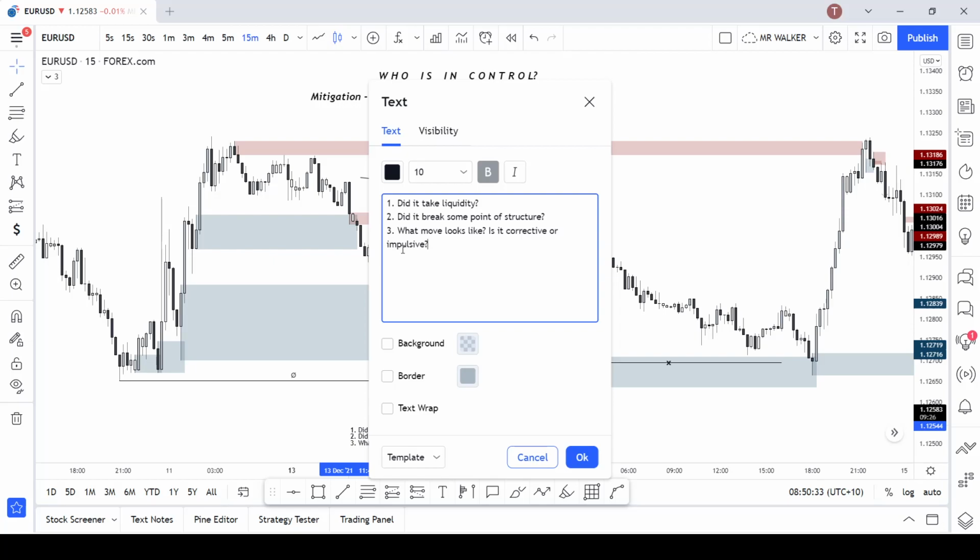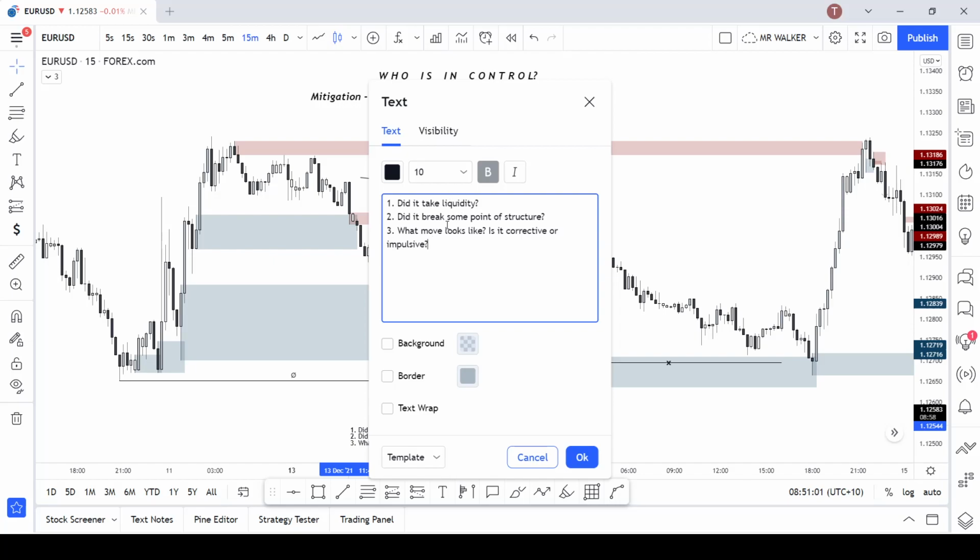When it's corrective, it looks to me more like an accumulation of liquidity on both sides, and just less probable. It doesn't mean that it will not play out, but it's just less likely to hold.